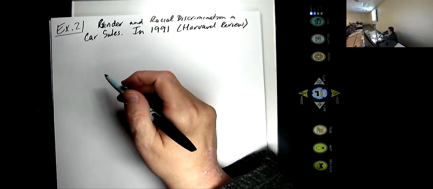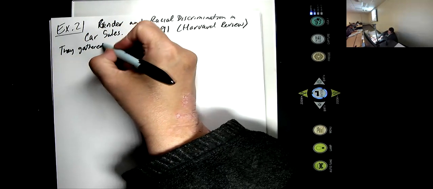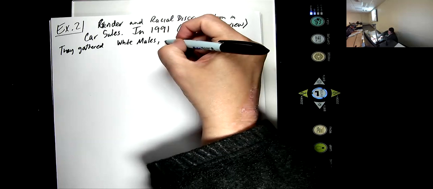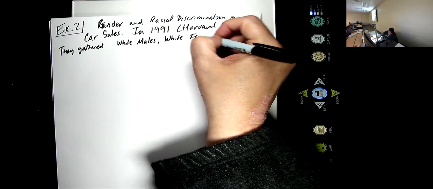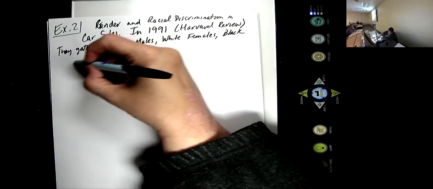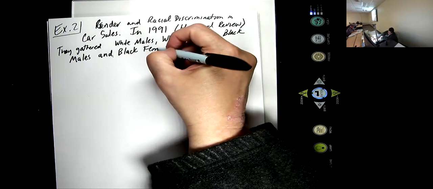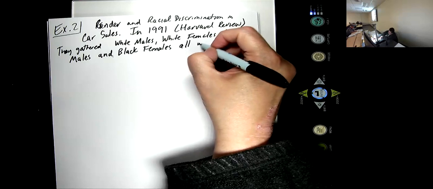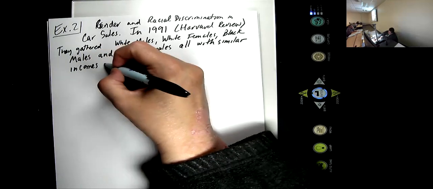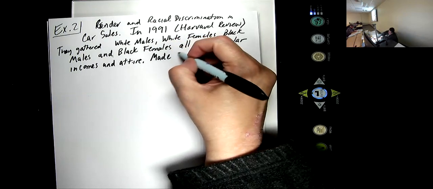They thought there was discrimination, so they gathered white males, white females, black males, black females, all with similar incomes and attire, etc. They're made to look as much alike as possible.